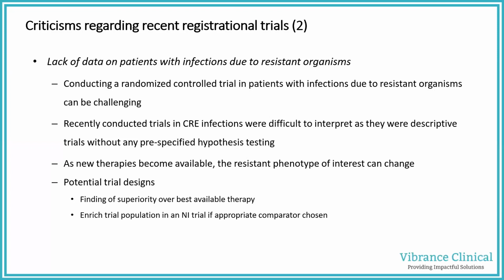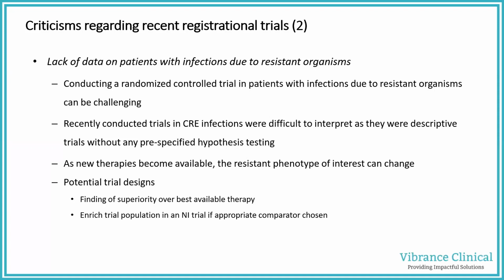And then we can also do an enriched trial population in a non-inferiority trial if an appropriate comparator is chosen. Now it depends on what infection, what disease we're taking, what are the available antibiotics for that particular infection at that point in time. One can design a study which is either a superiority study or a non-inferiority trial.